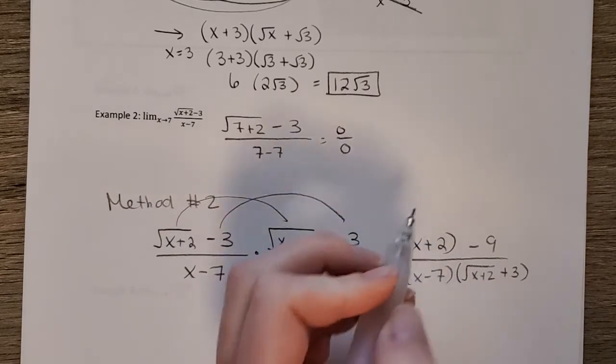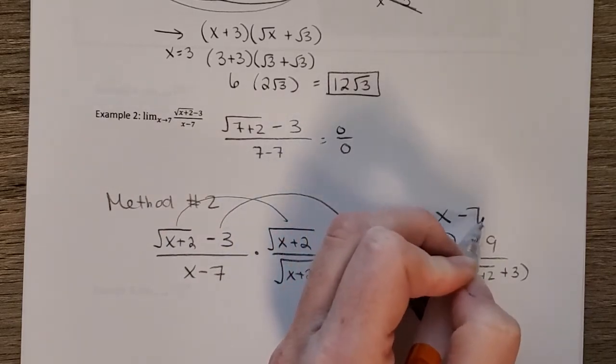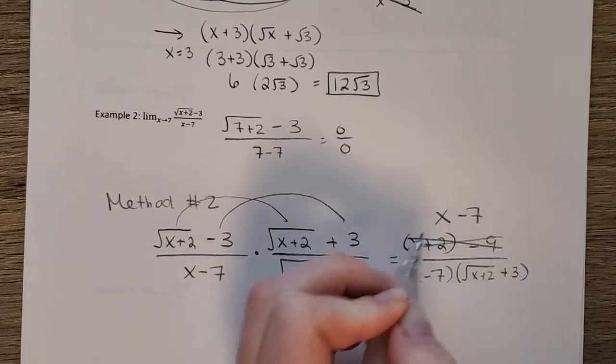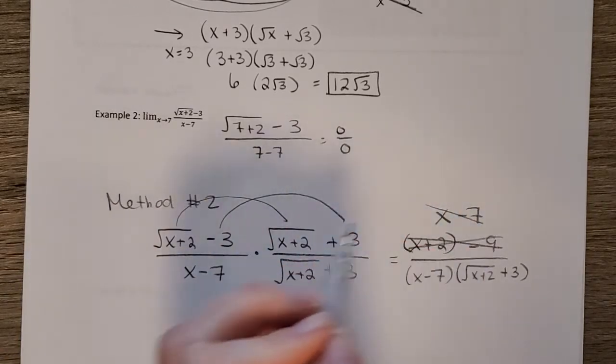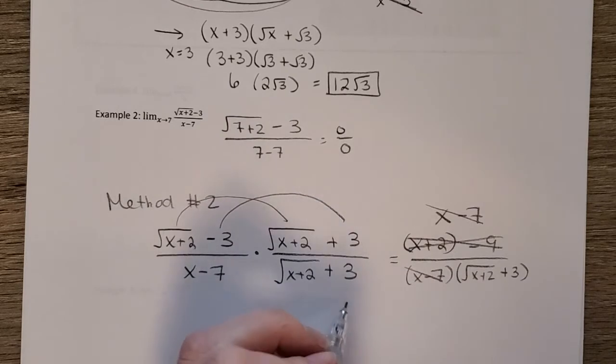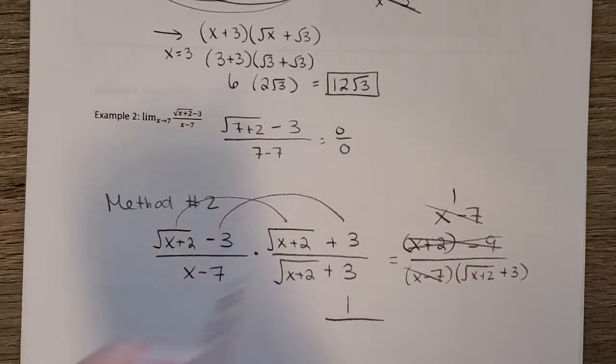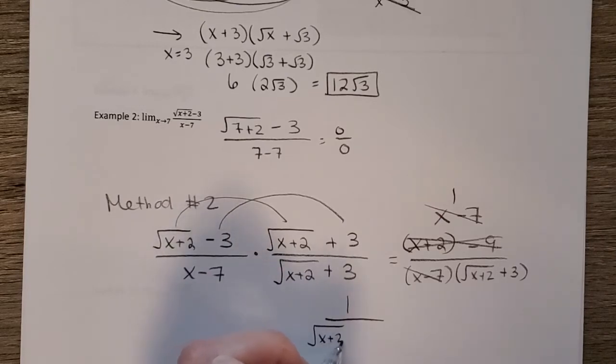Then if we simplify our top, hopefully we notice we get x minus 7. So the x minus 7 on top is going to cancel with the x minus 7 on the bottom, leaving a 1 on top. Remember, if everything cancels, a 1 is left, over root x plus 2 plus 3. Notice the x minus 7 is no longer on the bottom, so when we plug in our 7, we don't have to worry about getting 0.